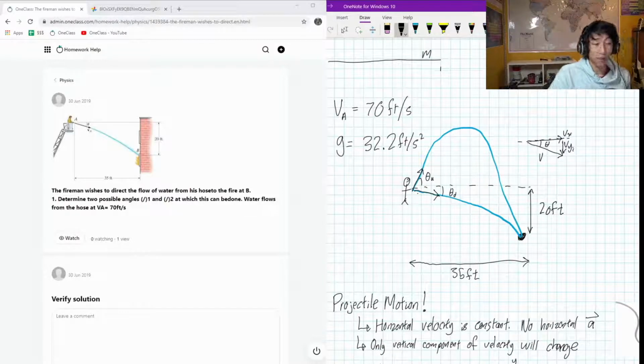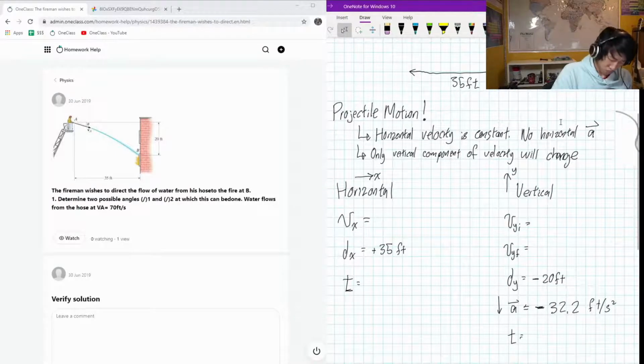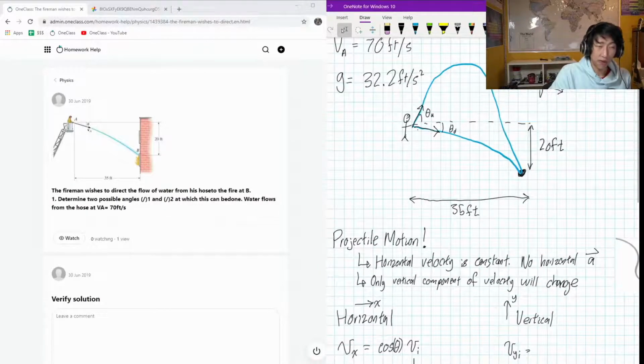With the power of trigonometry, given the angle, if we take the cosine, that will be our horizontal velocity. So Vx is cos theta times Vi, our initial total velocity, and our initial vertical velocity is just going to be sine.